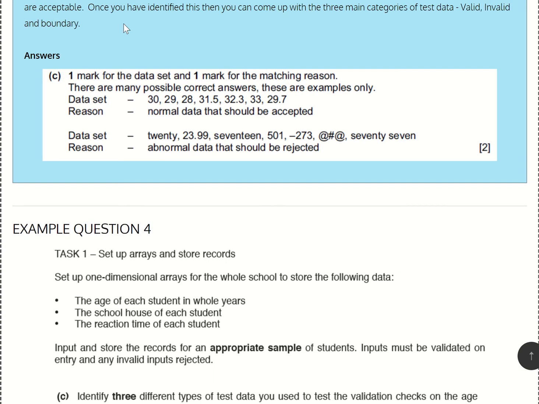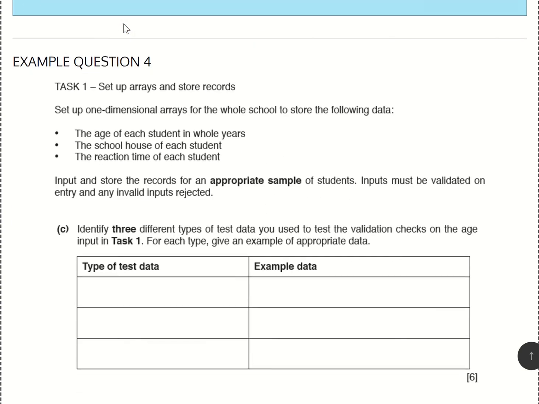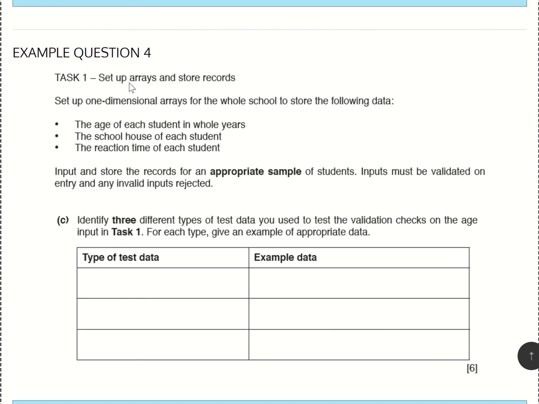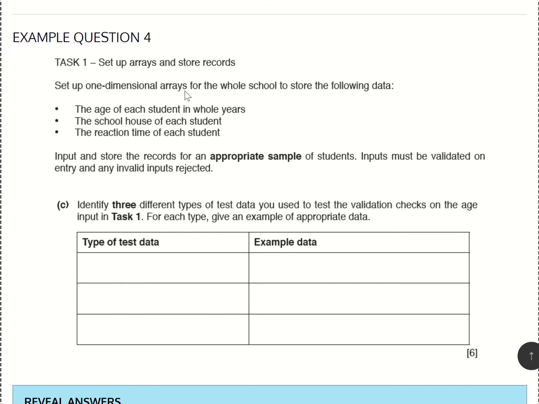Okay, for this question, setting up arrays and storing data and storing records. So we store the age of each student, the schoolhouse of each student, and the reaction time of each student.